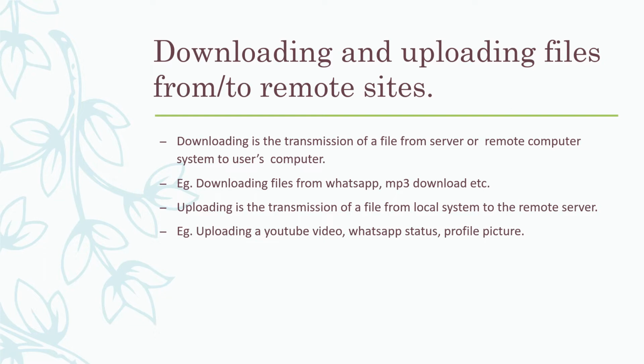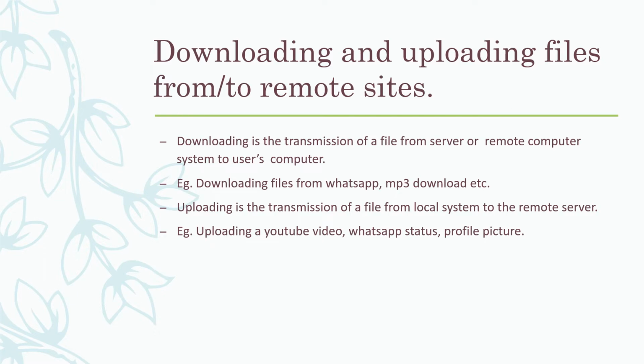Downloading and uploading files from and to remote sites. We covered this already in more detail in the previous chapter, but let us have a look again. Downloading is the transmission of a file from a server or remote computer system to the user's computer. As I mentioned in the third lecture of the first chapter, there is a host computer and then there is a server computer.